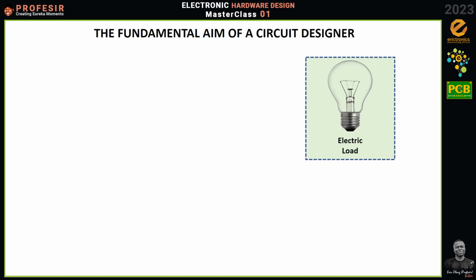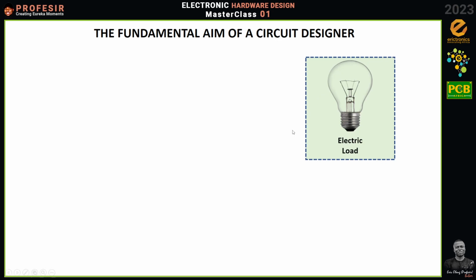We have some electric load, and when I talk about an electric load, I'm referring to any appliance that has the ability to consume electrical energy. Let's take the light bulb for instance.